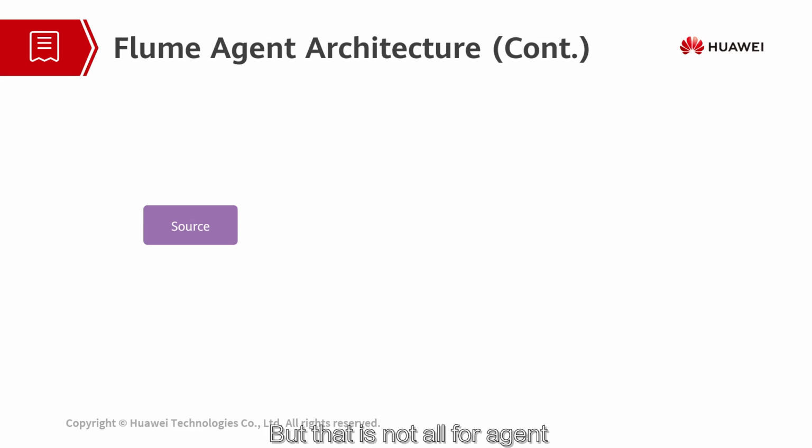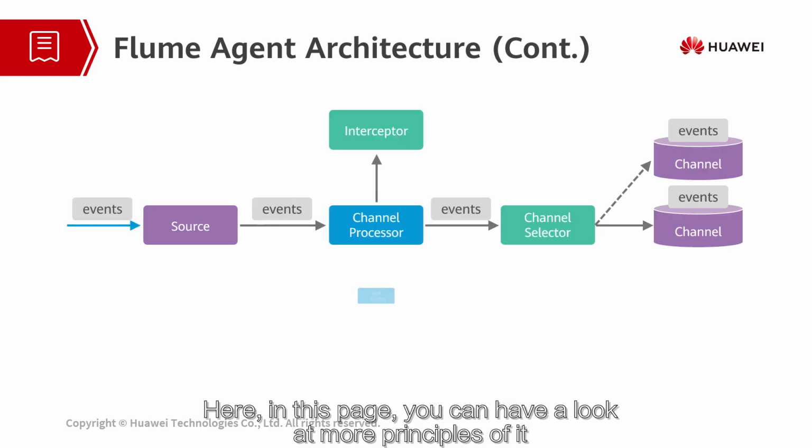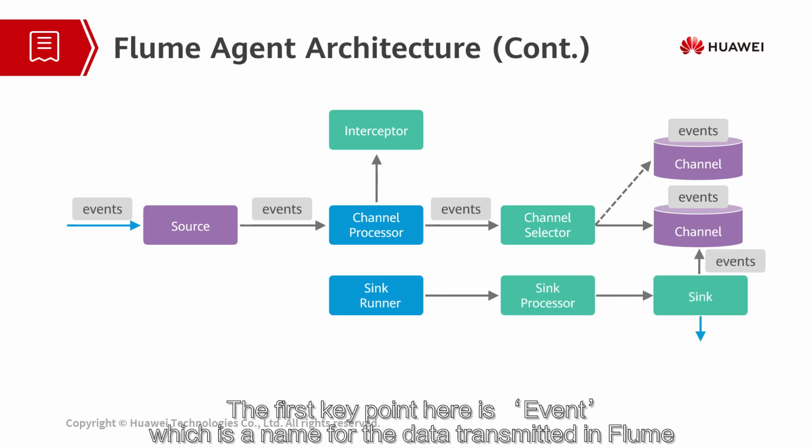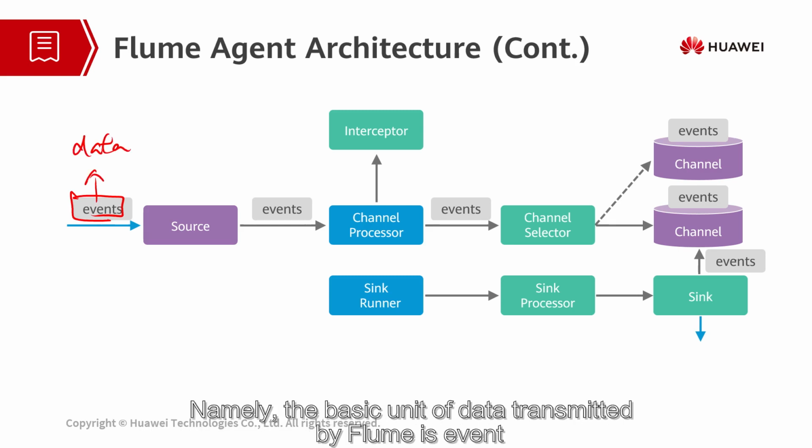But this is not all for agent. Here, on this page, you can have a look at more of its principles. The first key point here is events, which is a name for the data transmitted in Flume. Namely, the basic unit of data transmitted by Flume is event.